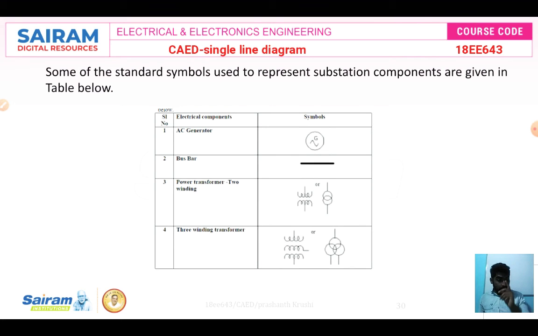Otherwise you can design the generator, bus bars, power transformer, 2 winding, 3 winding, or any electrical components. But in most cases, all the electrical appliances and power system components are available in the 2017 AutoCAD software. Everything is available.